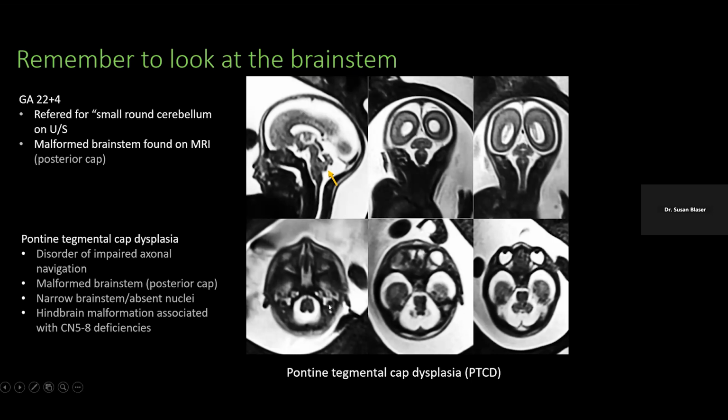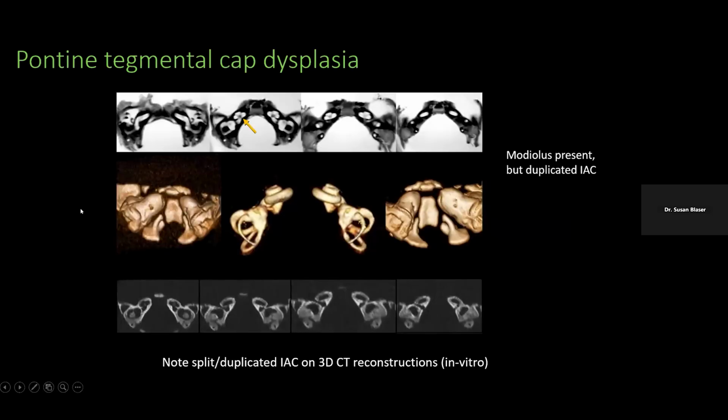So taking a look here, this looks like there's a modiolus, and certainly there is. And I told you the modiolus is a marker for normal cochlear development. We never do see anything that looks like a fundus or an internal auditory canal. And again, that's a pretty subtle finding. Here happens to be the Petri dish samples on CT, and you can see that here there are two internal auditory canal foramina.